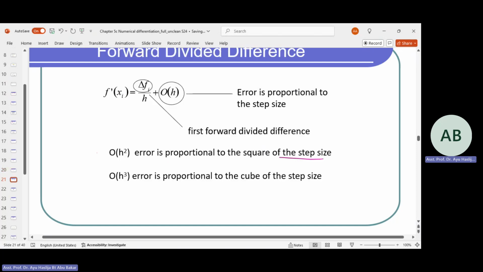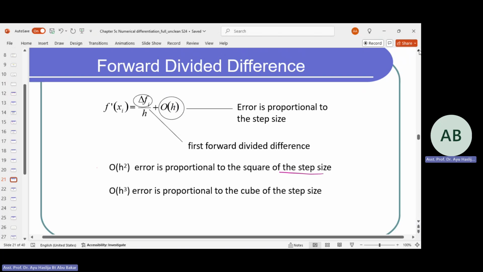If you have backward, okay, forward, this is the f just now. The difference in the f divided by the step size, the x. Okay, plus the error.